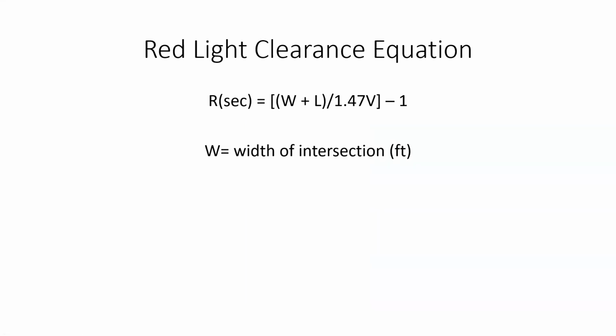In this equation, W will be the width of the intersection, which is noted on the example spreadsheet as either 90 feet, 120 feet, 150 feet, or 180 feet, depending on the intersection we're looking at. L is the length of the vehicle, which we will use 20 feet. And V, again, will be the adjusted speed, which is 7 miles an hour over the speed limit.